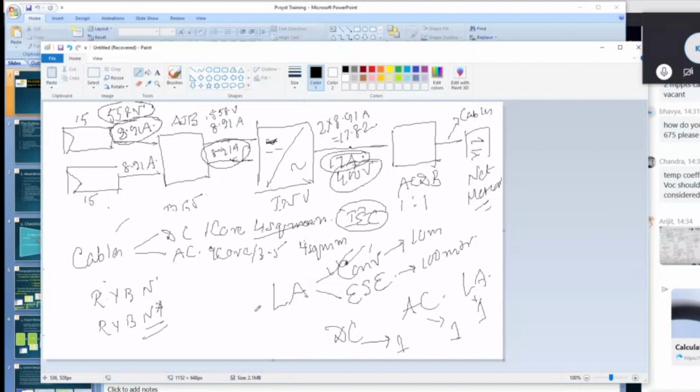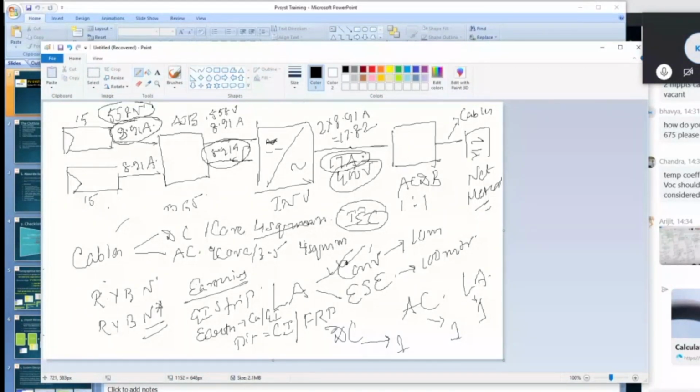So for any grounding or earthing, the basic things we require are the GI strip for earthing, the earthing electrode, which can be copper or GI as per requirement and costing, and lastly the pit cover, which can be CI cover, cast iron, or FRP.